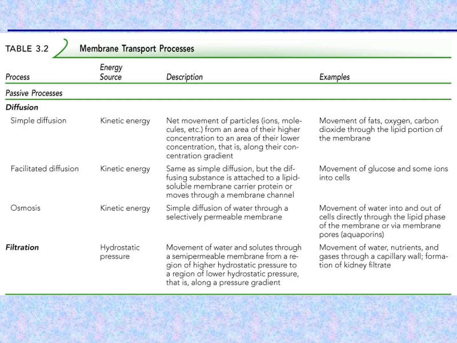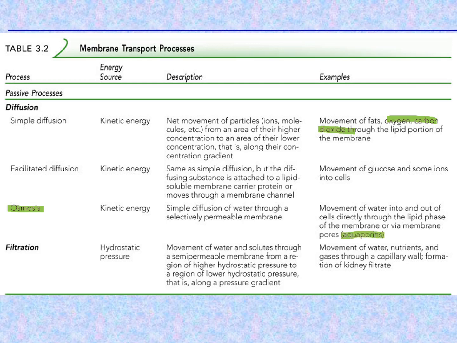Examples of that would be oxygen or carbon dioxide, or you might think water, but movement of water is called osmosis. Movement of water across a semi-permeable membrane is called osmosis. And actually it does require pores that some cells express. Let's not get into that.